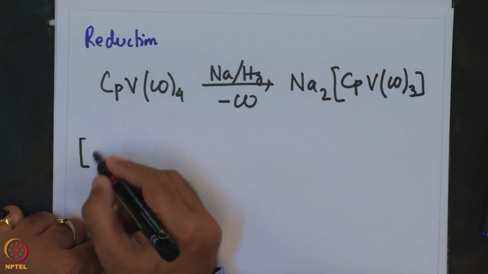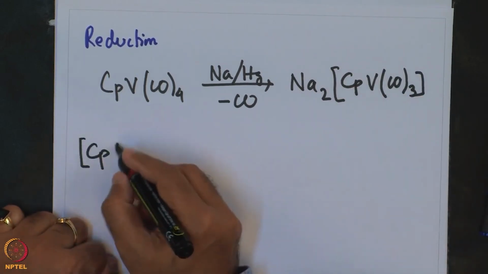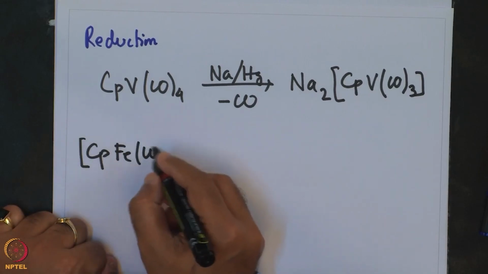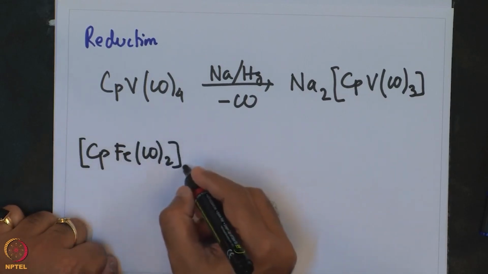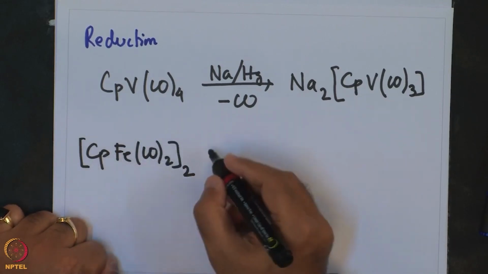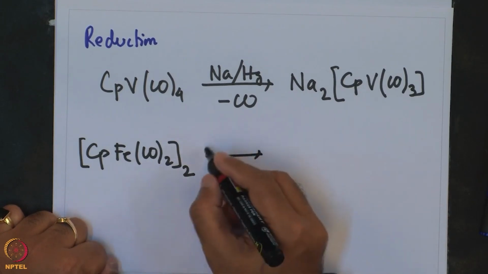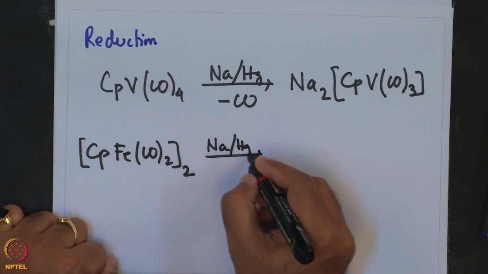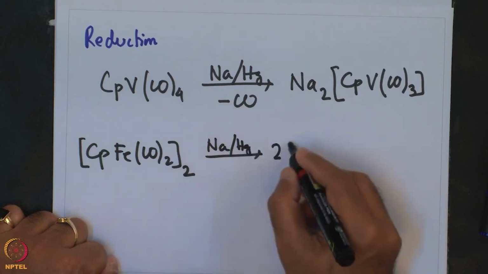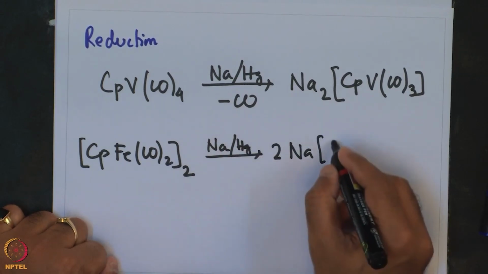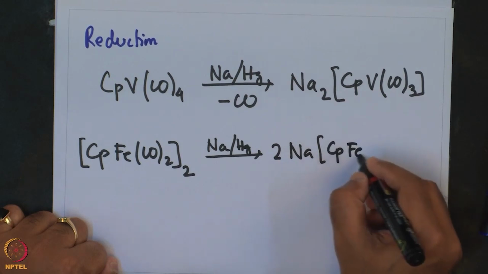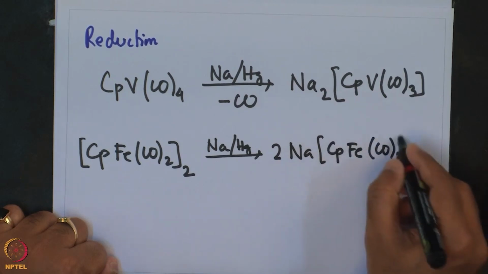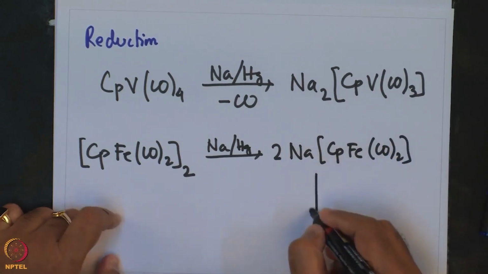Furthermore, the reduction of the Cp Fe dicarbonyl dimer with sodium mercury gives the metallate sodium Cp Fe(CO)2.